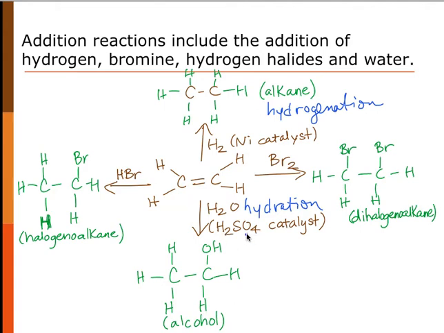Water has the sulfuric acid catalyst, which is larger than the nickel. Hydrogen is a smaller molecule than water, so it uses the smaller catalyst. There's no basis in chemistry for that. It's just how it was easy for me to remember, or at least easier for me to remember. Then I put the halides on either side, and neither one of these uses a catalyst. Might help you remember them, might not.